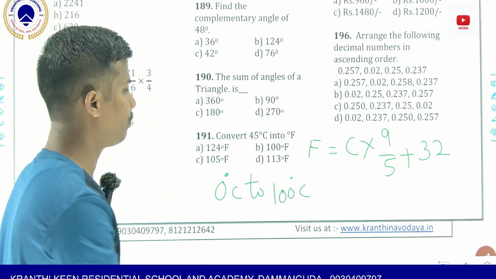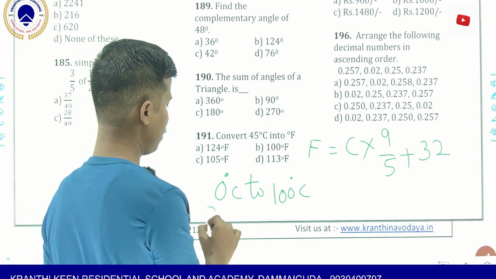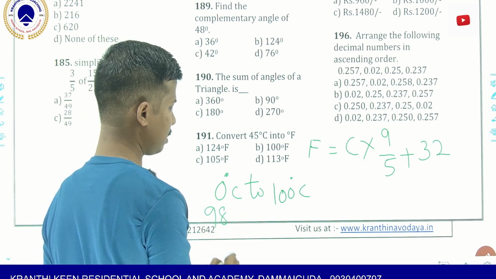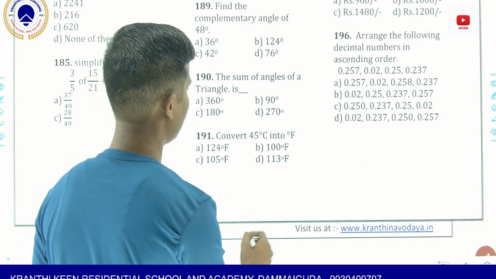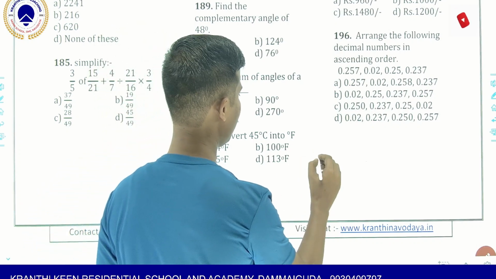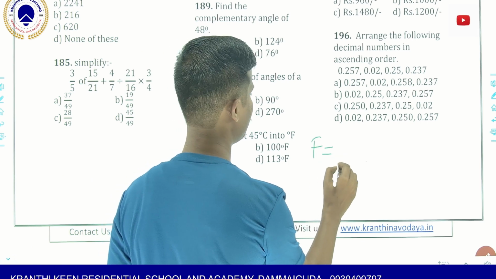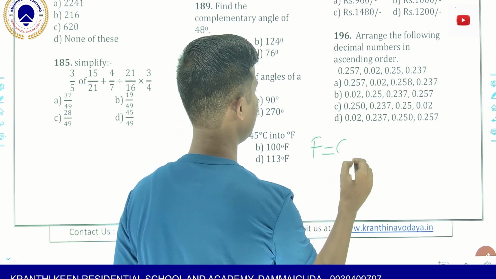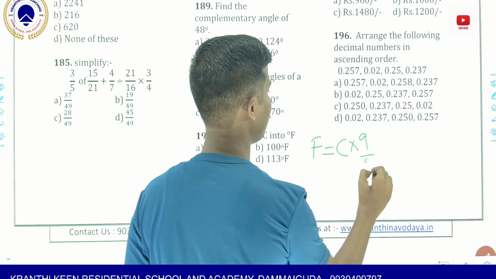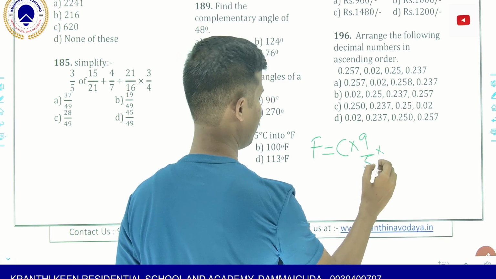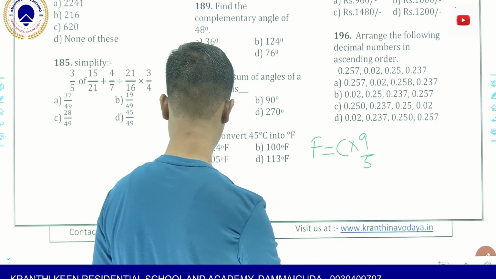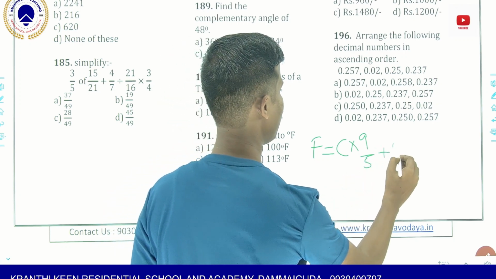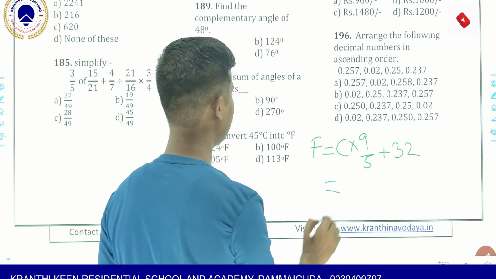Therefore, we convert, and the Fahrenheit starts at 32. What is given? Fahrenheit is equal to C into 9 by 5, plus 32. And what has he given?